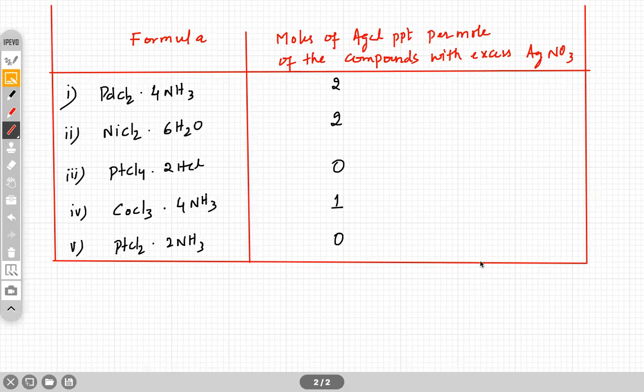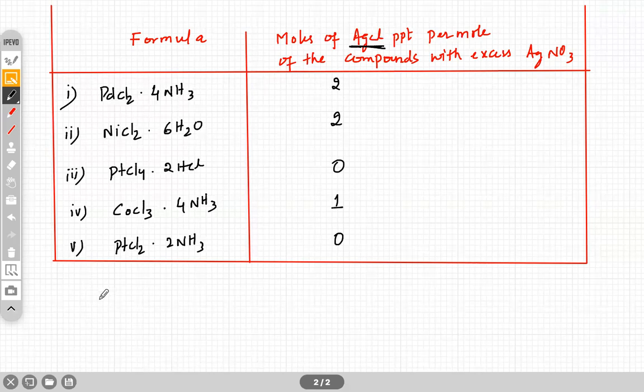Okay, so the first one. You see the number of moles of AgCl precipitate, right? The AgCl that precipitates depends upon the number of ionizable chlorine atoms, right? So moles of AgCl precipitate is 2. It means there are 2 chlorine atoms outside the coordination complex.